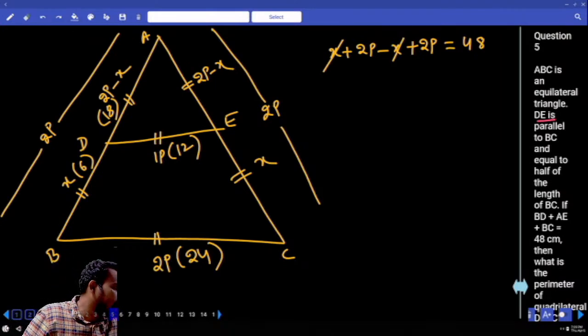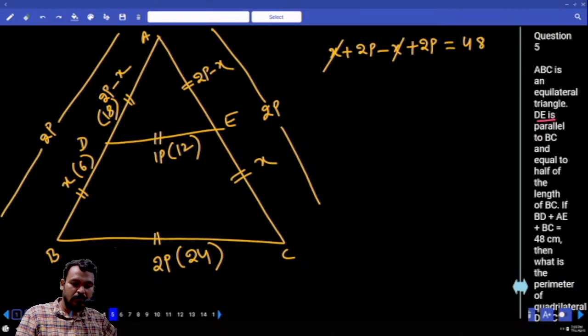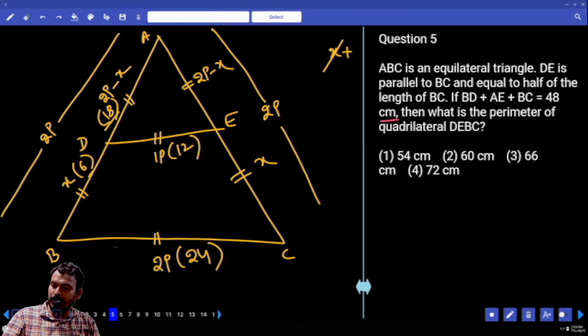2 plus 1 how many parts? 3 parts. Total it is 3 parts. Sorry, 1:3. 6 plus 18 is how much? 24. What is the question here? Perimeter of DEBC.